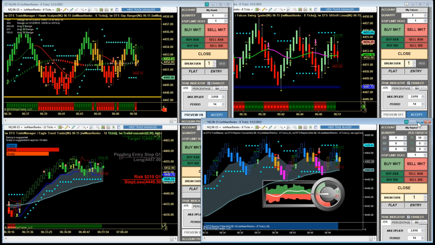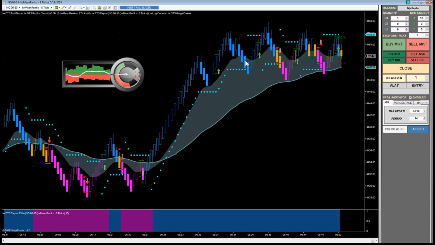And the Raptor is also going to produce a lot of yellow bar clusters. Part of the Raptor programming, it borrows from the hawk as far as a signal or painting the bars goes.